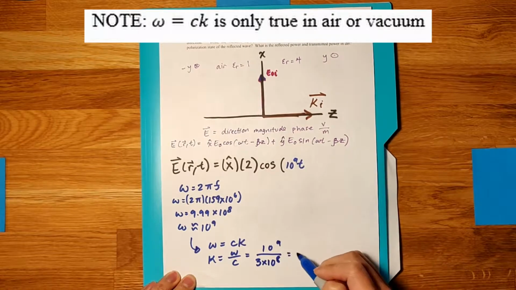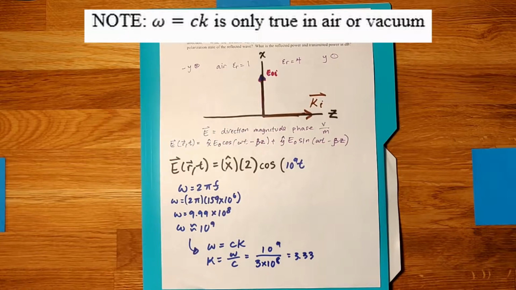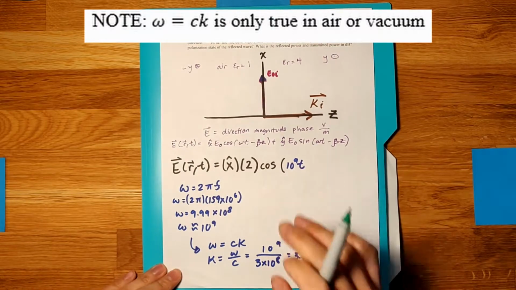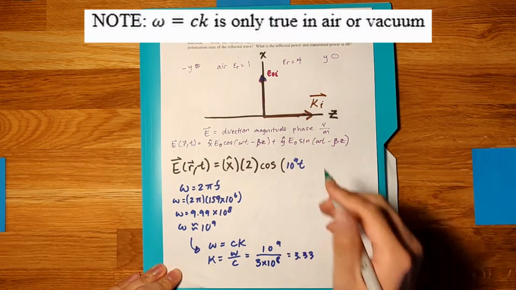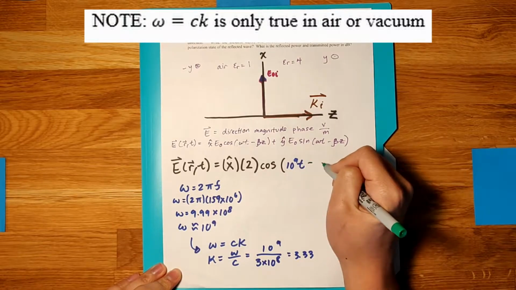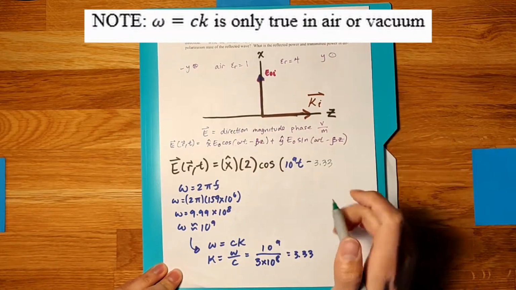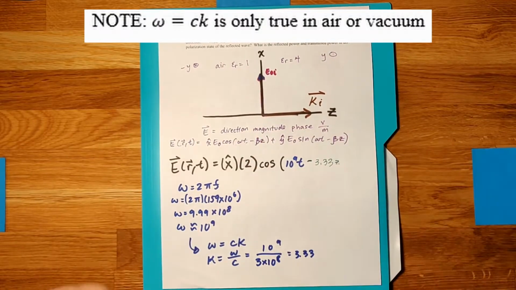Doing the math, you will get 3.33. And this will simply be k. Always remember, the k that's stated inside will be the opposite of what we solved. So it will be negative 3.33 in the z direction. I'll write z right here also.